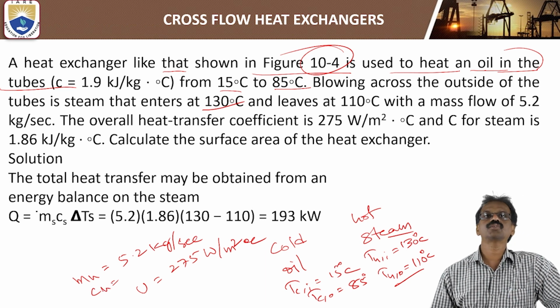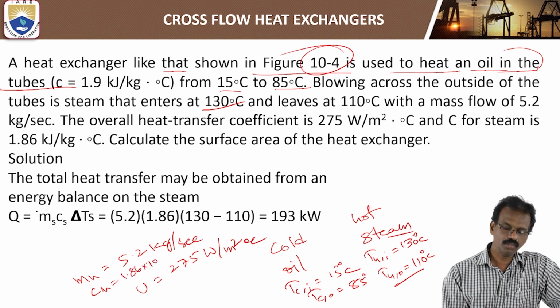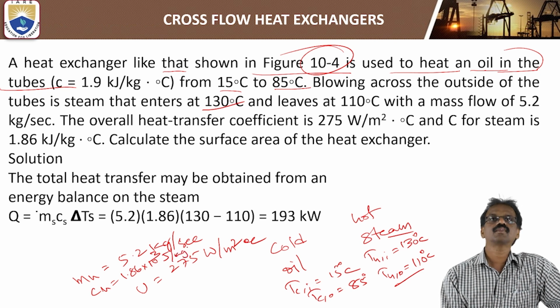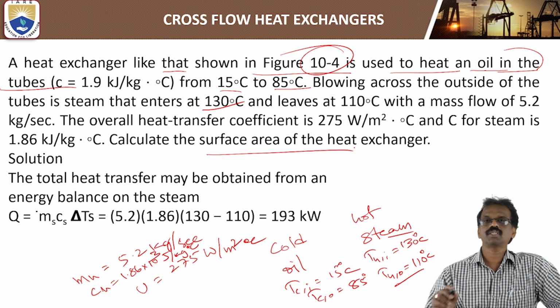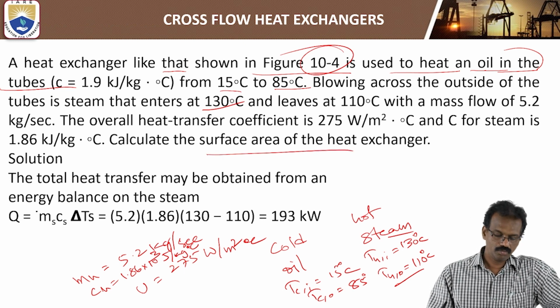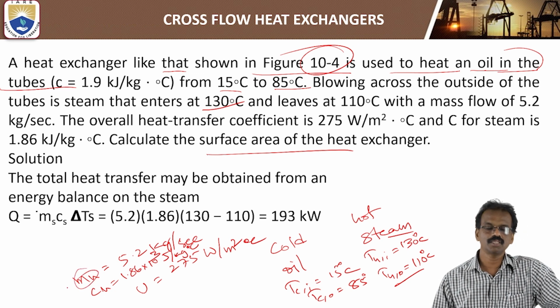CH value is equal to 1.86 kilojoule per kg Kelvin, 10 cube joule per kg Kelvin. Here also you have to find out the surface area. Here we can find all parameters related to the hot fluid.